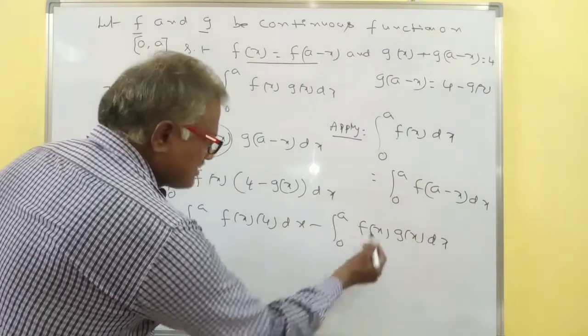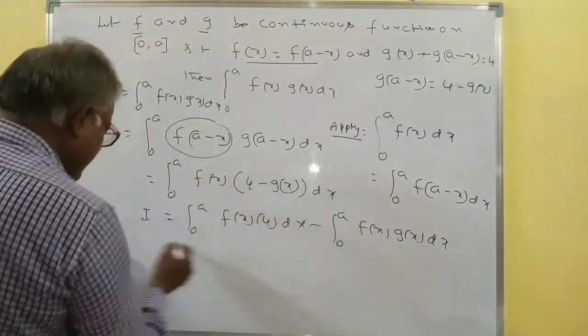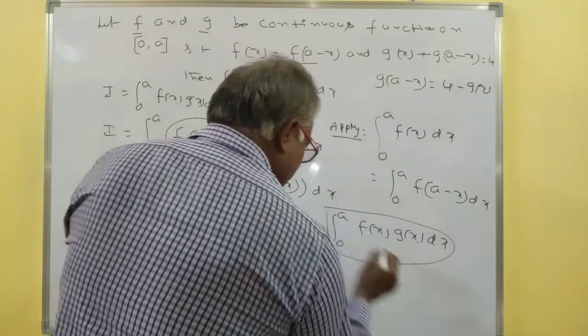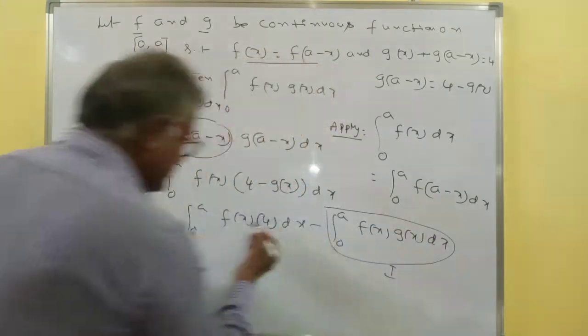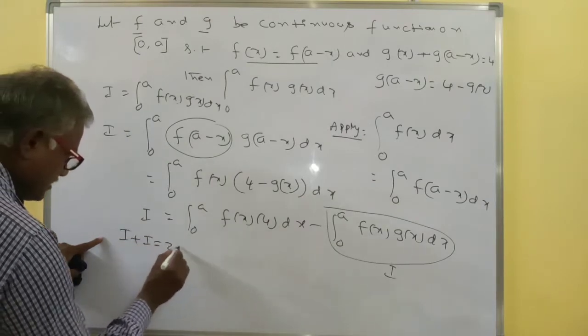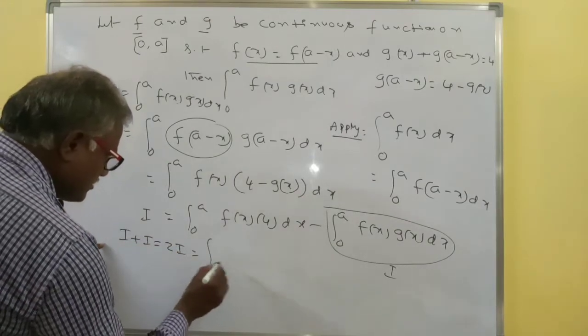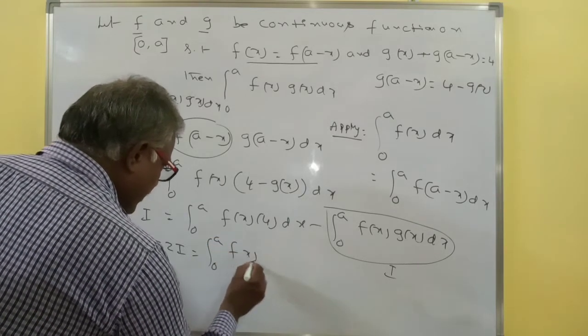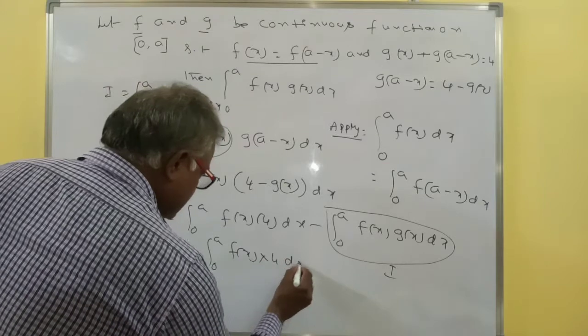So this is nothing but the given integral I. So this is nothing but totally I. So transpose this one, we will get I plus I, 2I. I plus I is nothing but 2I. 2I is equal to integral 0 to a f of x into 4 dx.